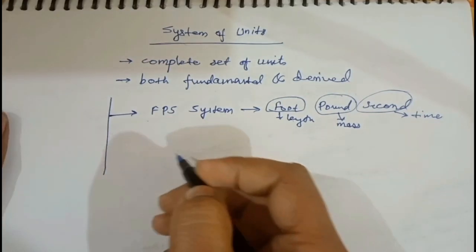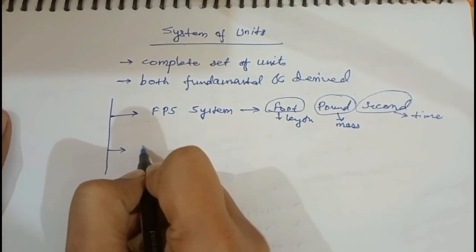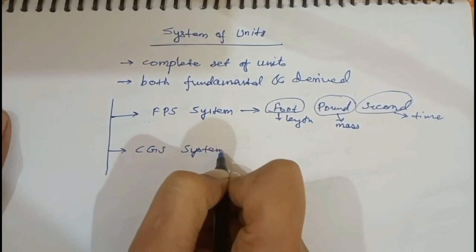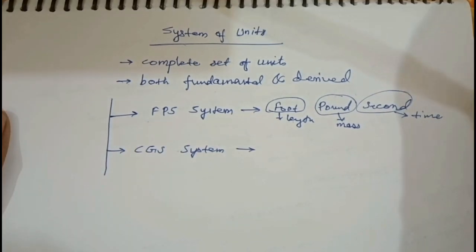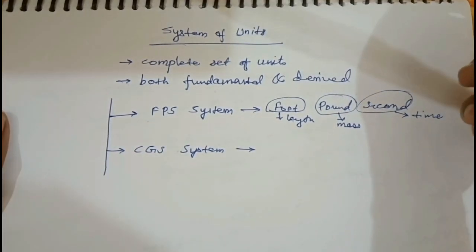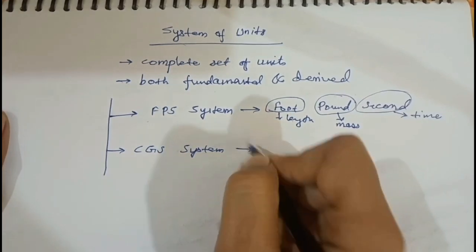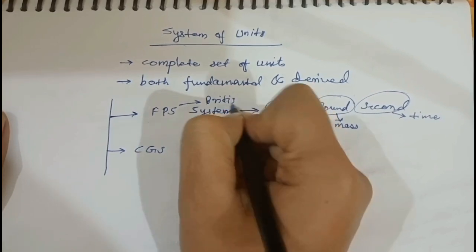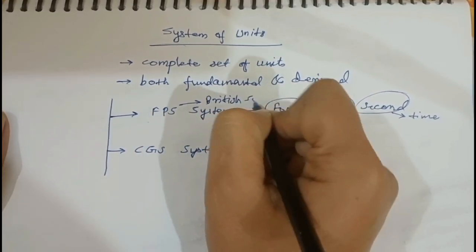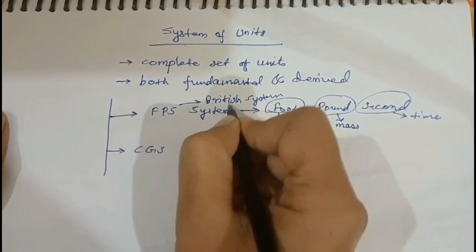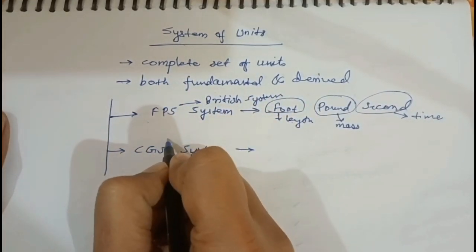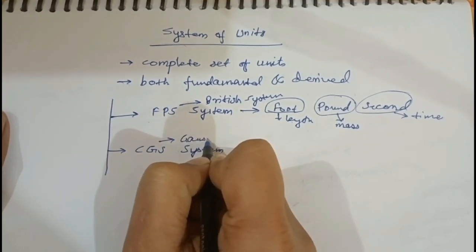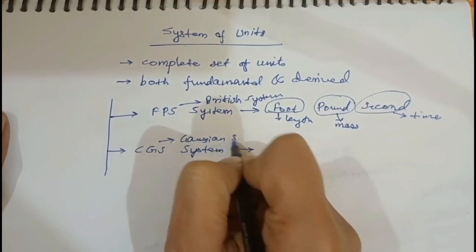Another one, let's see the CGS system. CGS is in fact a Gaussian system, while FPS is a British engineering system.